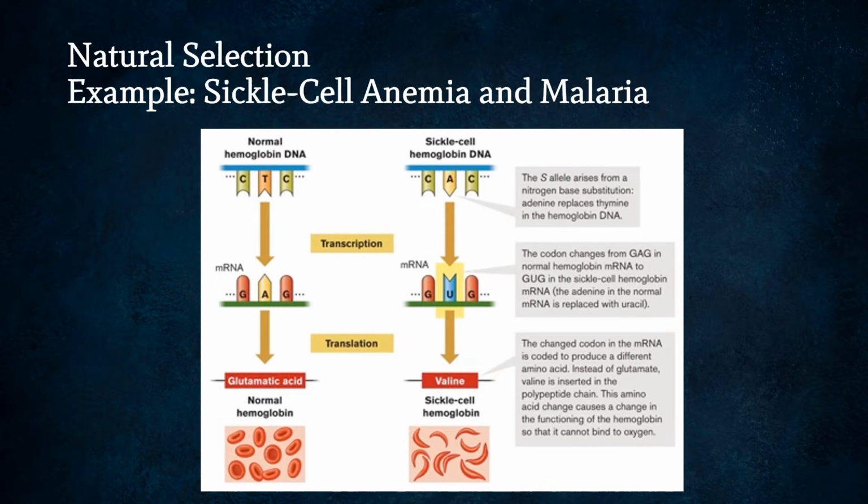So it causes a change in the functioning of the hemoglobin so that it cannot bind to oxygen. So it doesn't just affect the shape, but it affects the way it binds to oxygen.